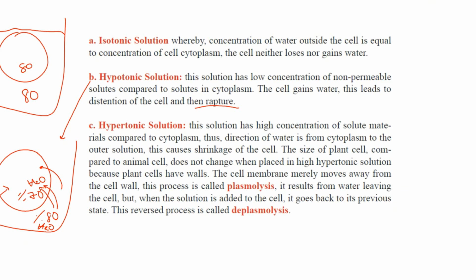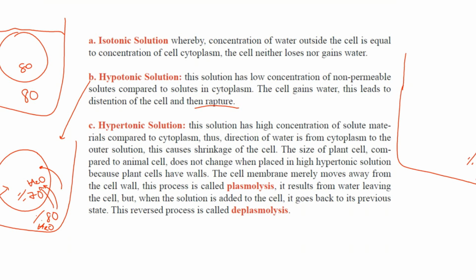In a hypertonic solution, this solution has a high concentration of solute materials compared to the cytoplasm. At that time, in the environment, water concentration is low, for example 70% H2O, but in the cytoplasm about 80% H2O.